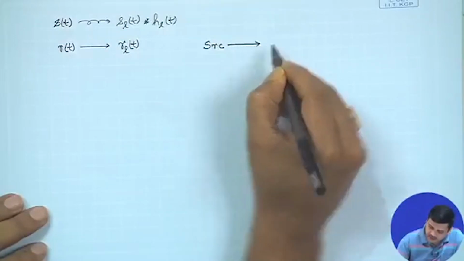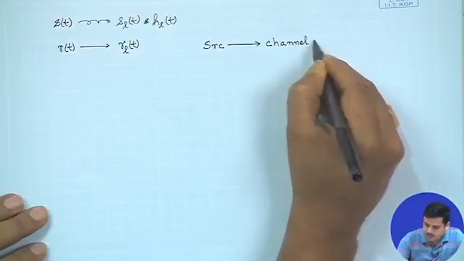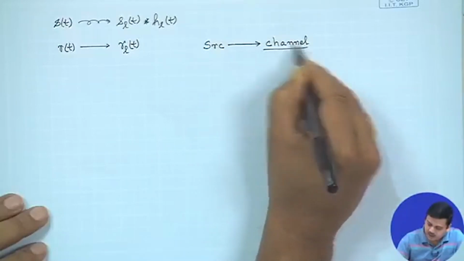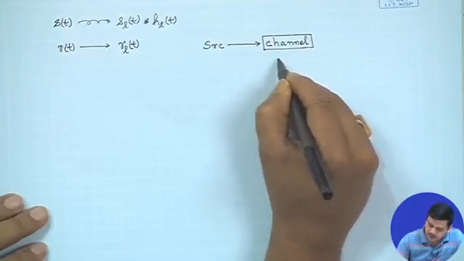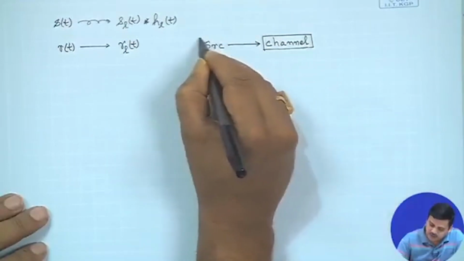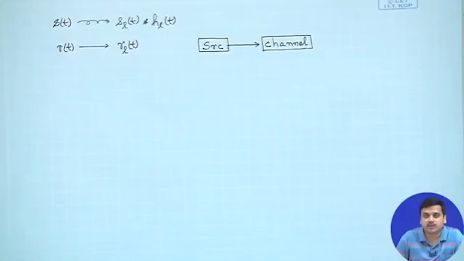which generates a signal, and it goes into the channel, right? We said in one of the early lectures that the channel is something which would change the source signal in some form, usually like a filter. Like when you send something into a filter, it modifies the signal.